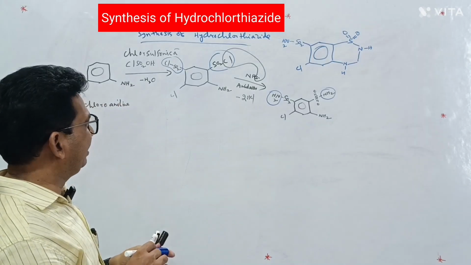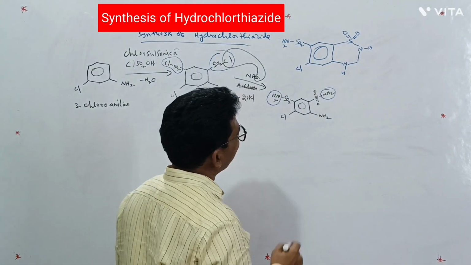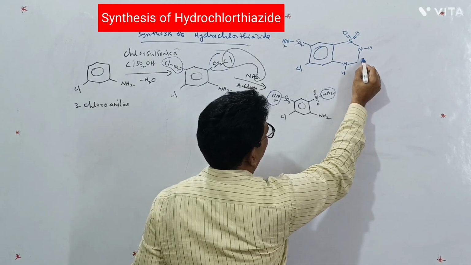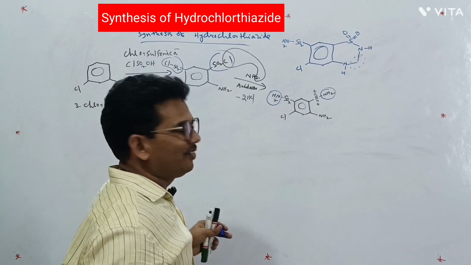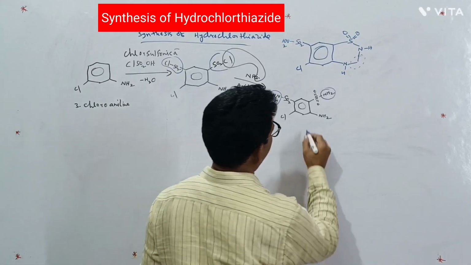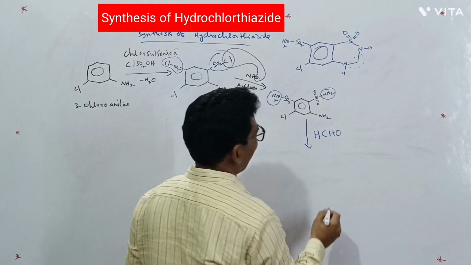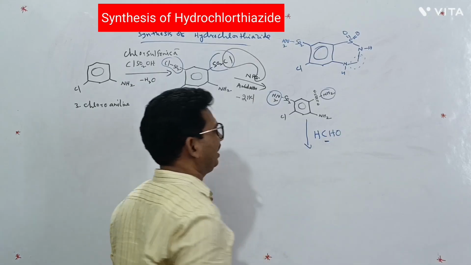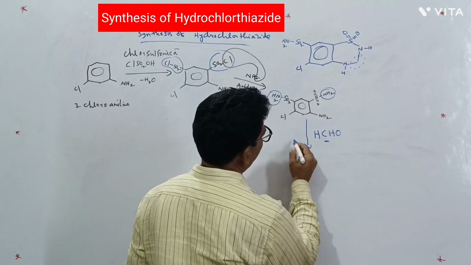Okay, in the next step you can see what we required in the next step. We required this carbon, is it right? This carbon we required. For that, always whenever the carbon we required, we have to react with the formaldehyde. From that only carbon will come. Okay, then carbon will come means what will be relieved?